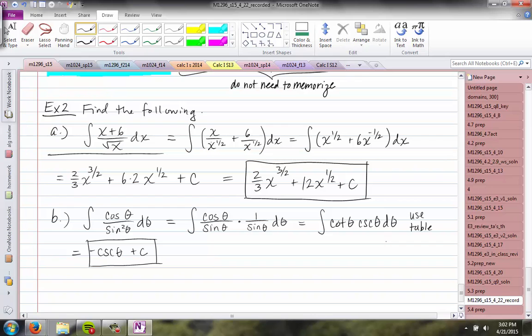You don't have a rule that tells you to do that. Just like when we had a derivative of two functions being multiplied, we weren't allowed to just split it up into the derivative of each separately. We had to use a product rule.